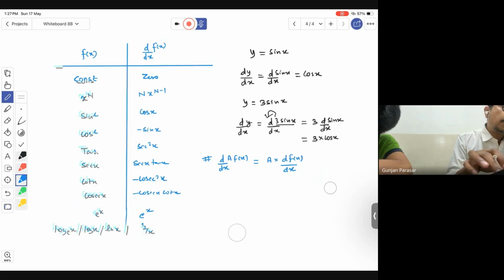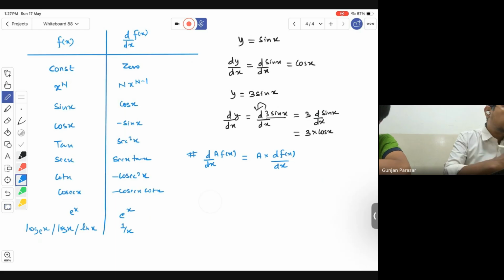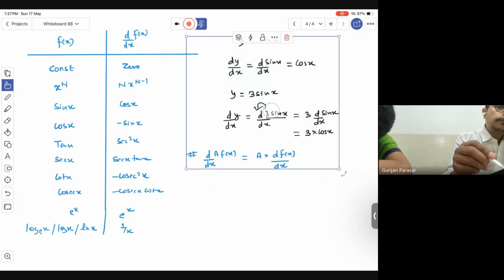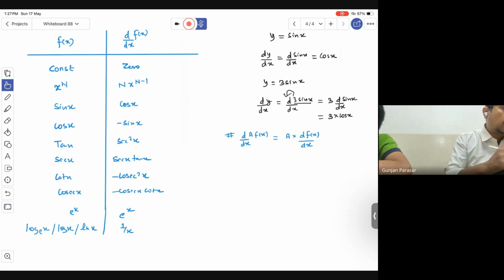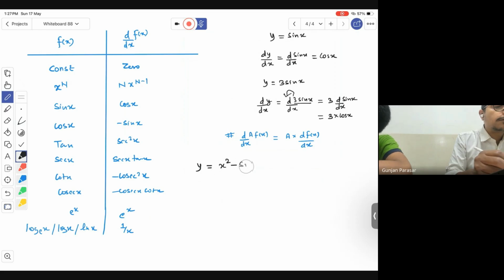Another rule also will feel like a very obvious kind of rule. And what is that? Suppose I tell you, find the differentiation of y equals x square plus or minus sin x. So basically I'm asking you to find the dy by dx of x square minus sin x.